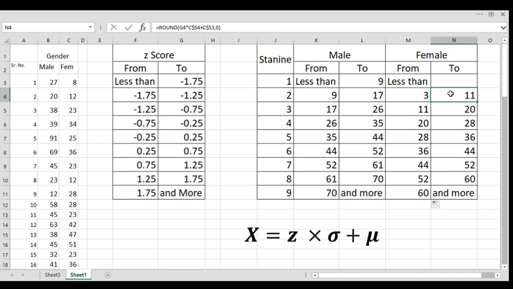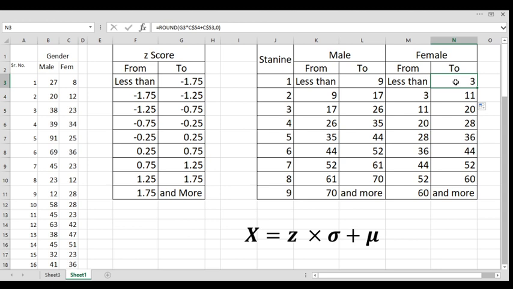We have made it active, and now we drag upwards. In this way, the formula written in N4 will be copied and pasted in N3. In this way, we have found the ranges for stenine 1 to 9 for female.